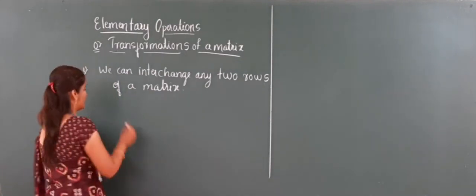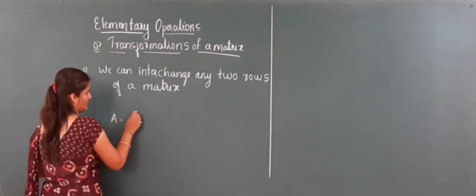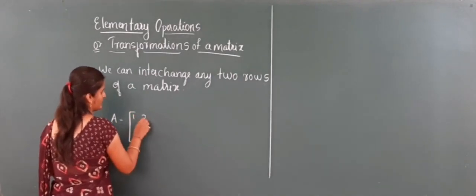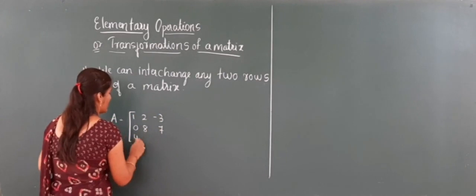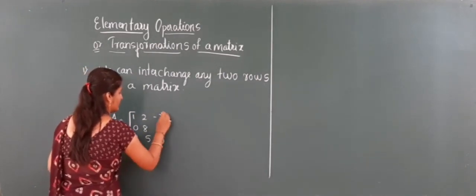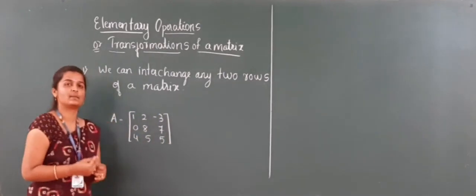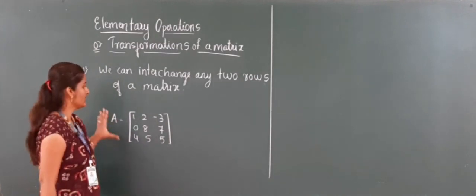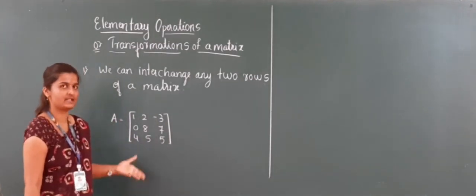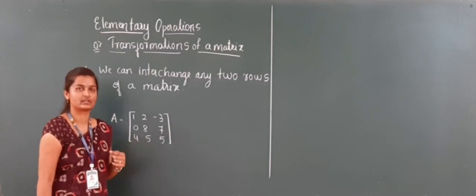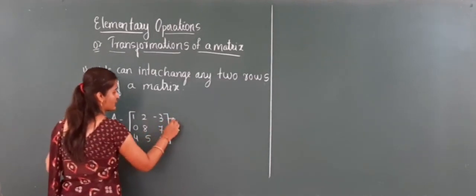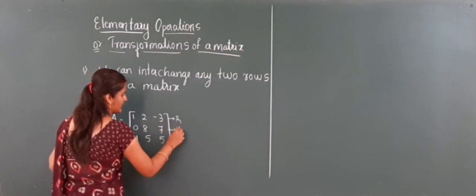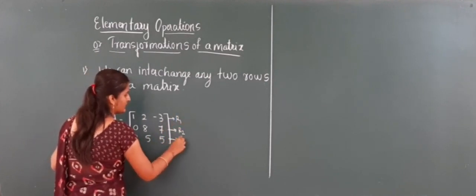If there is a matrix A, for example like this, 1, 2, -3, 0, 8, 7, 4, 5, 5, this is a 3 by 3 matrix. We can interchange the rows. This is the first row R1, this is the second row R2, this is the third row R3.